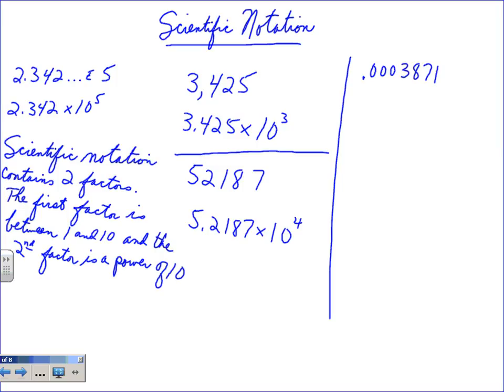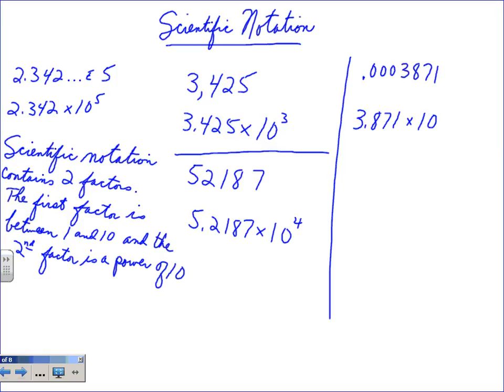All right? Well, the first factor has to be between 1 and 10. So, what am I going to write? 3.871 times 10. Now, times 10 to what power, Eric?